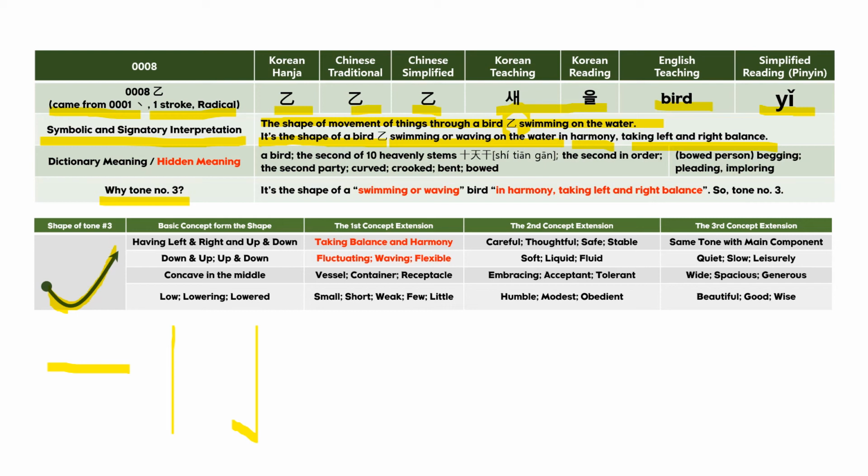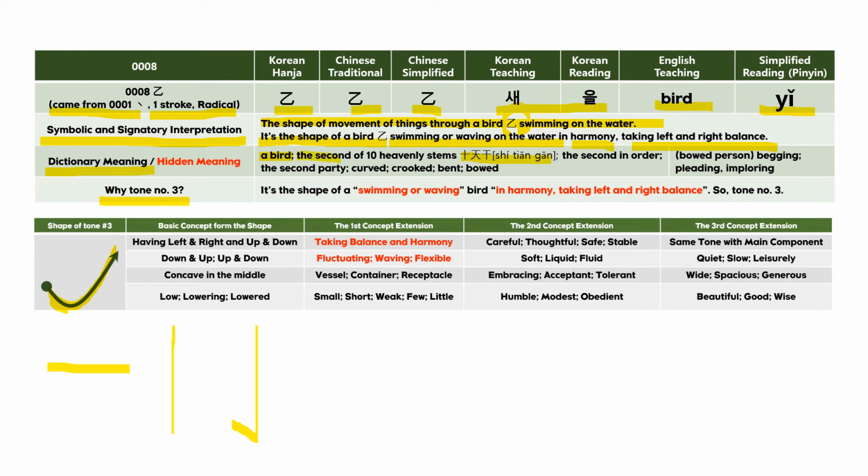Okay, and the dictionary meaning, it's a bird, and in the Oriental philosophical concepts, there is a Xiutiangan. I will explain this later.